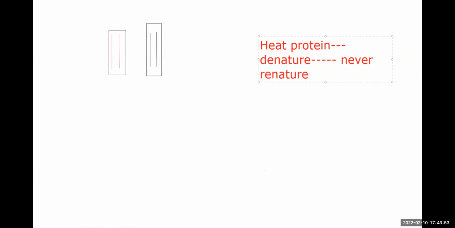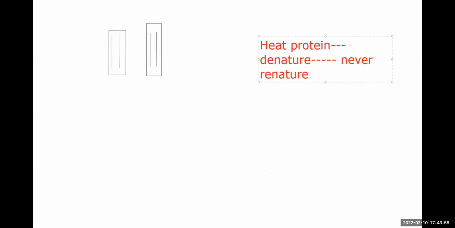Now, one thing you remember is that if you heat a protein, it will denature. And after denaturing, it will never renature. Renature means it will never come back to its original form. What's the example? Egg white.